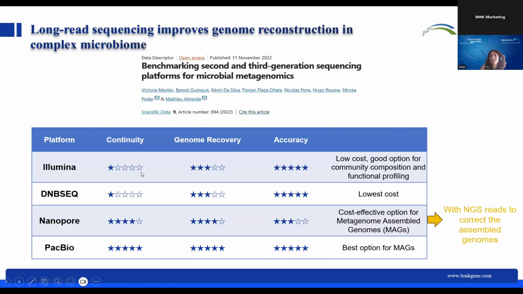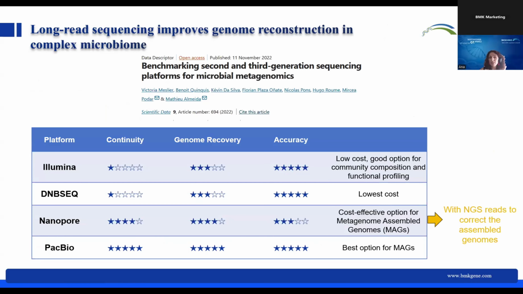But besides the general idea, it's always important to quantify this, put it into numbers, and actually validate and benchmark the different technologies. So this study in 22 did this. It benchmarked these 4 technologies for microbial metagenomics. There are 3 main parameters that were assessed here that are relevant for metagenomic studies.